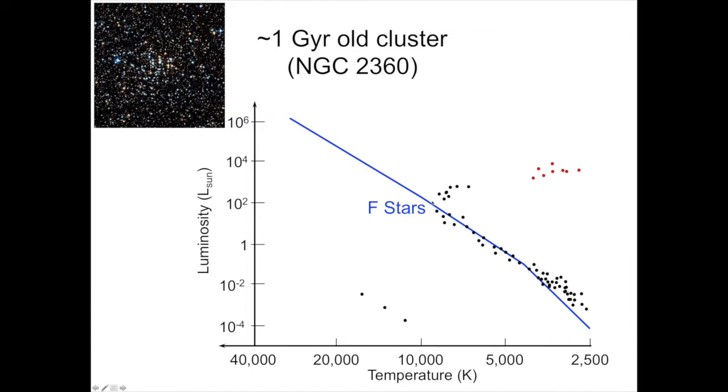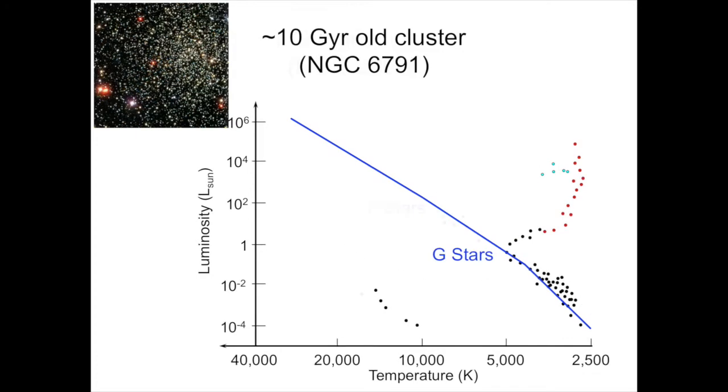Only the F stars, stars with a mass of maybe 1.5 times the mass of the Sun, remain. We now see the beginnings of a subgiant branch and the beginnings of a base of a giant branch and a start of the building of a sequence of white dwarfs. And finally, the very lowest mass stars have begun to alight on the zero-age main sequence.